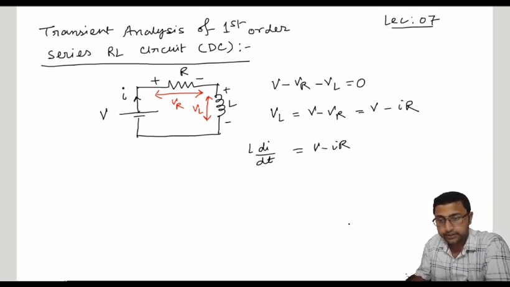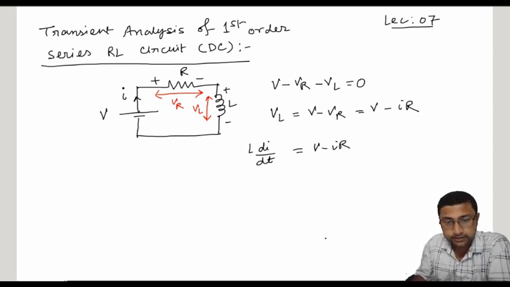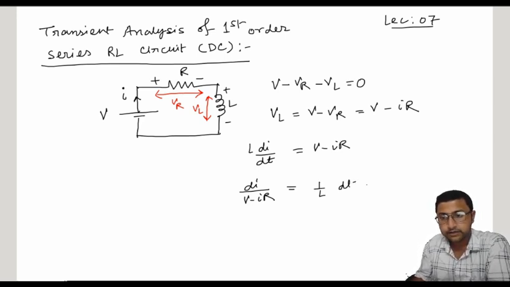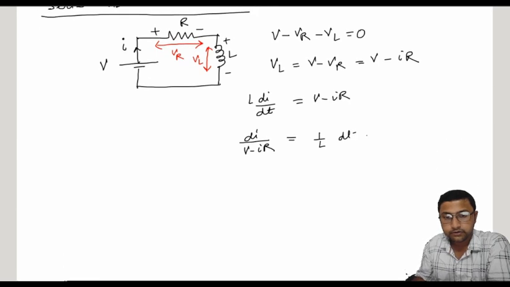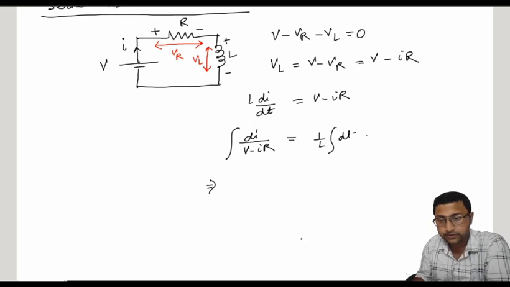If we arrange the equation in this way, di by V minus IR is equal to 1 by L into dt, right? Now if we integrate this equation on both sides, what can we write?